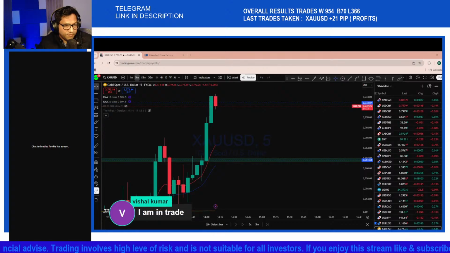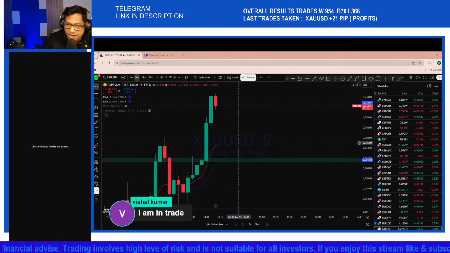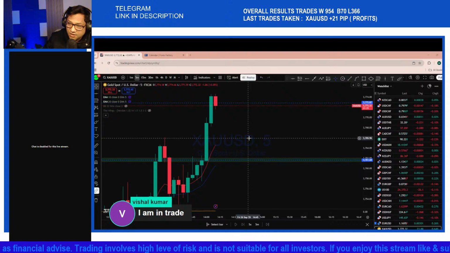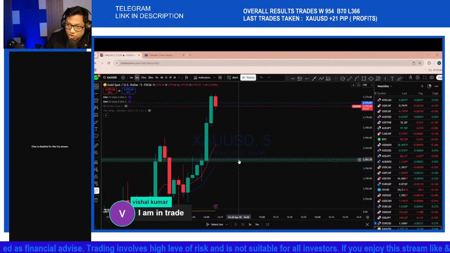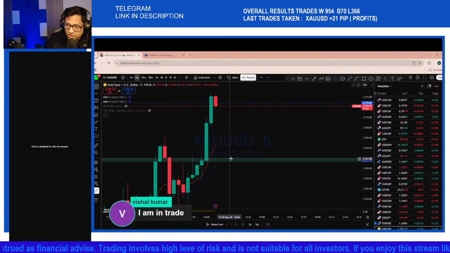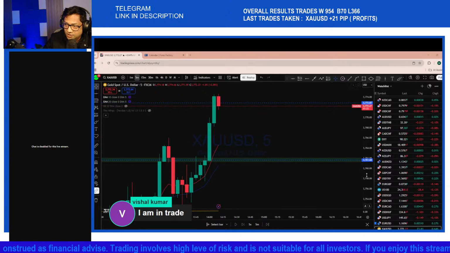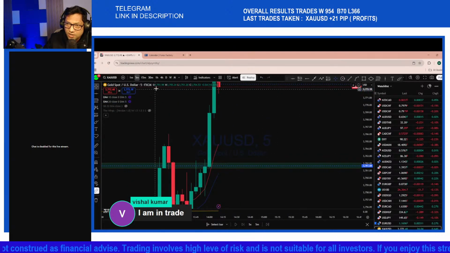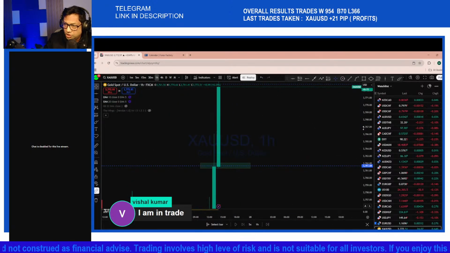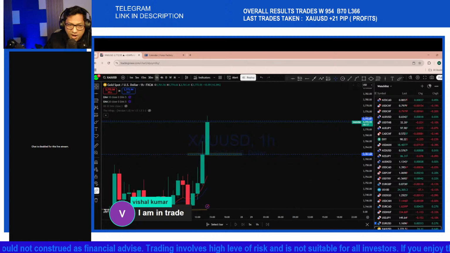I'm in trade. Welcome. Now when the market had a stronger liquidity sweep here, if you look at here, you can see the current level here at 3761 is the potential level for a buy in that market.